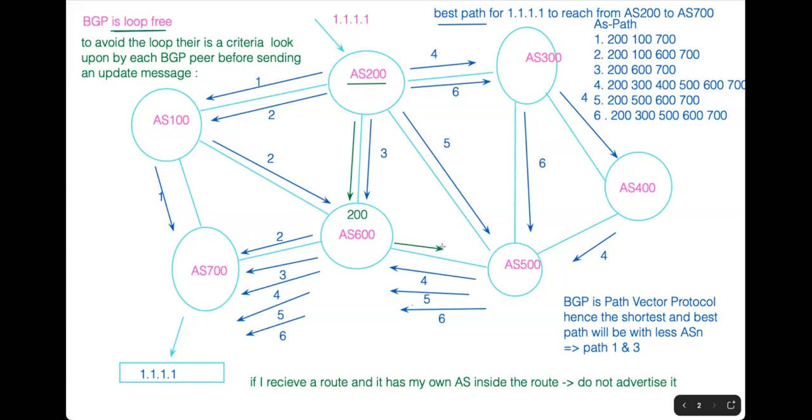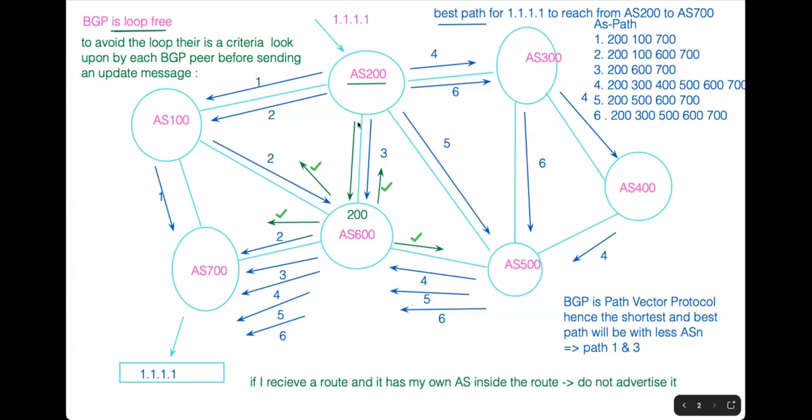I can advertise it over here, over here, over here, in every direction, including this direction also. So when I'm advertising it in every direction, what is going to happen? This is fine. This is fine. This is also fine for AS600.